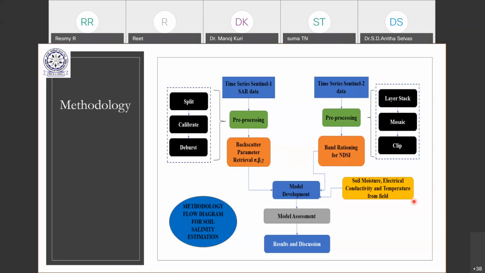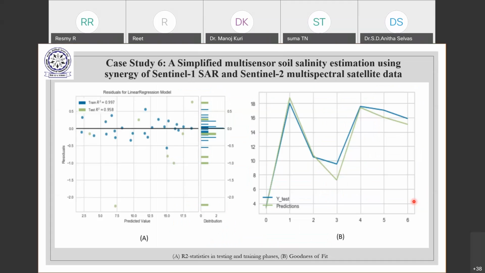So we use the soil moisture data also, so that we can find out how much change there is in the EC due to the soil moisture and how much it is due to the salinity aspect of the soil.